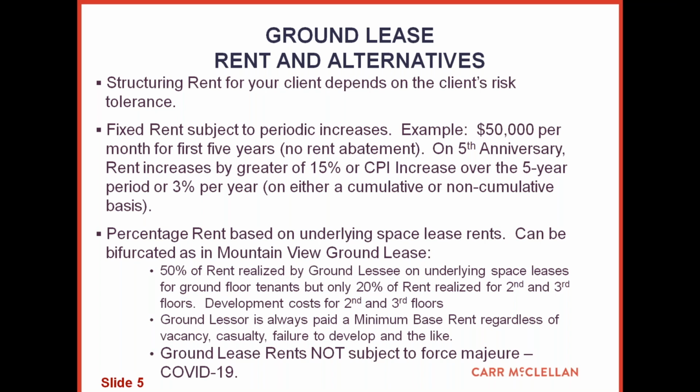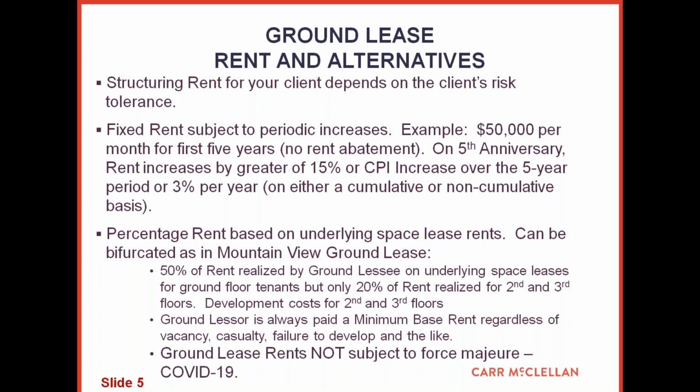The way this lease works, and this is fairly common if you have a fixed rent ground lease, is that every 5 years, the ground lease rent to our client, the ground lessor, will go up on a formula basis. It can be 15% of the previous 5 years' rent.